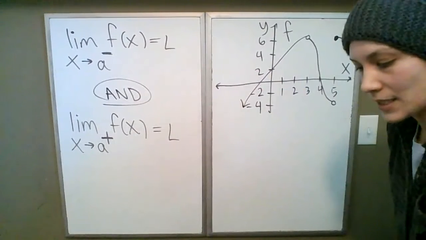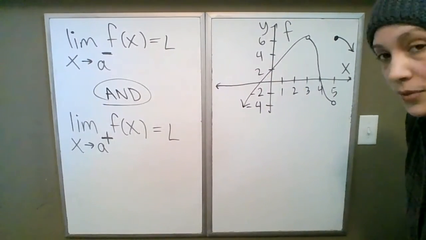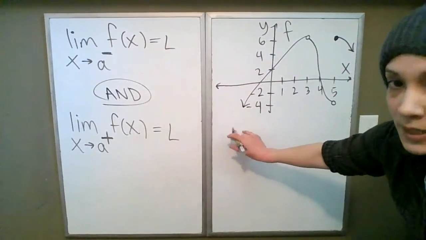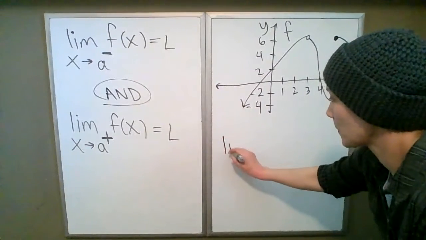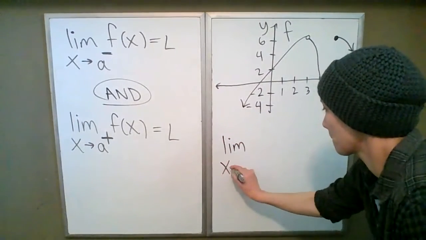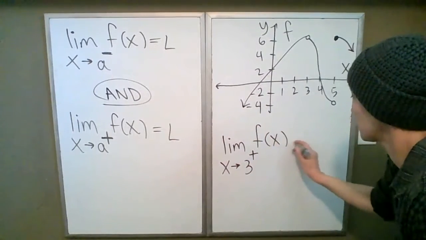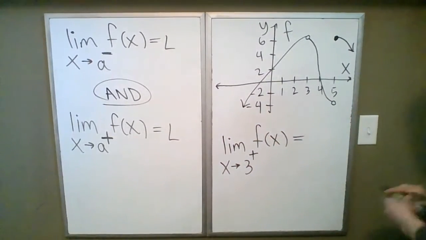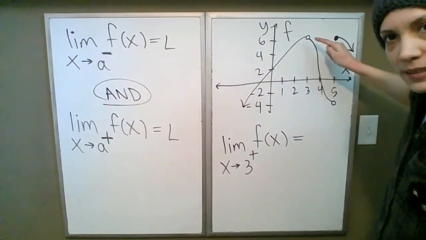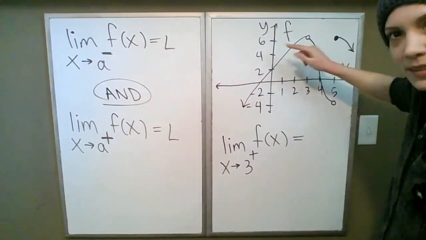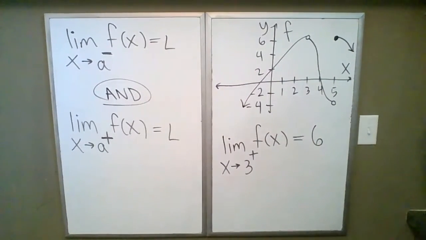Okay, we're doing limits. Let's have x approach 3 from the right. So the limit as x goes to 3 from the right of f of x. This way towards 3. Where's your function going? Somebody? Is it like 6? Isn't that the same thing with 3 to the left?